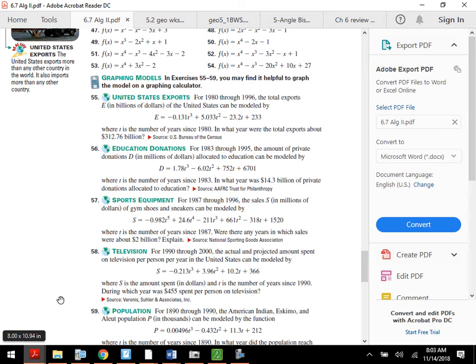According to my calculator, somewhere between year 8 and year 9, it got that, and you did it just fine. So you could say your answer would have been somewhere in 1988, because year 0 is 80, 81, 82, 83, 84, 85, 86, 87, 88. Somewhere in 1988, or you can say after 1988.